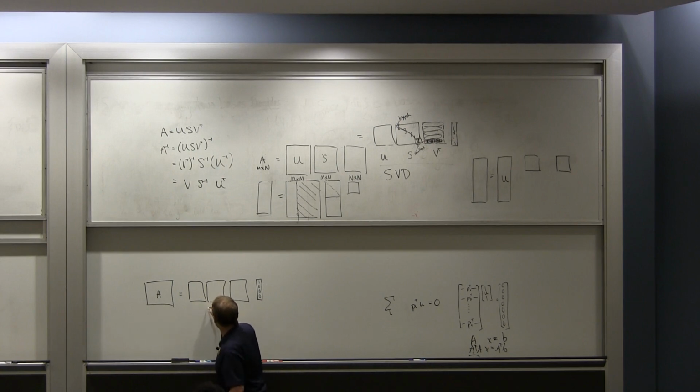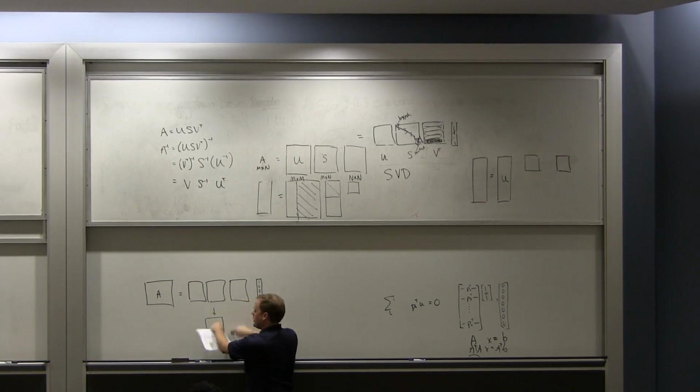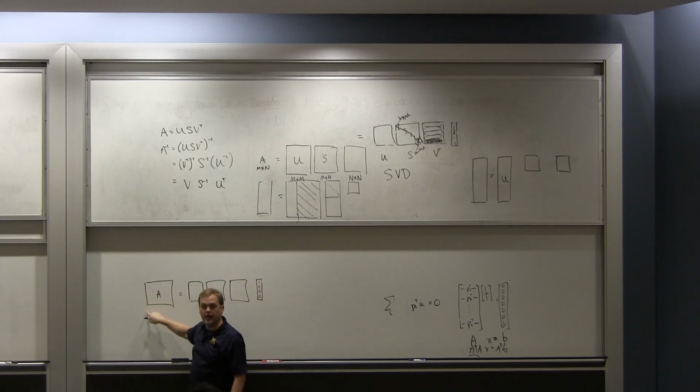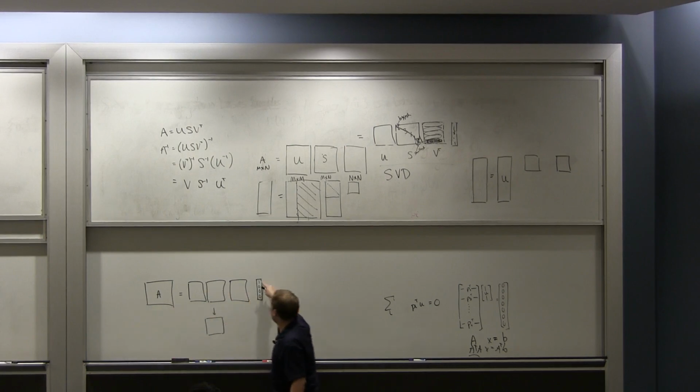So you could mentally imagine pulling these all back together into one matrix, and then 1 0 0 0 is just picking off the first column of the product USV, and of course the product is A. So if I put the x hat direction over here, what I should end up with is the first column of A. Similarly, if I put in 0 1 0 0, what should I get?